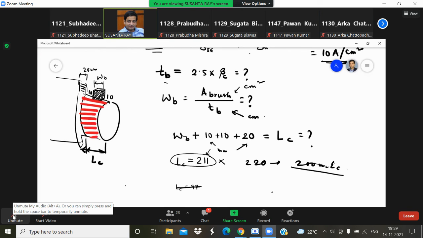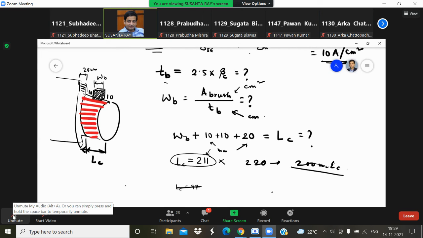From that you have to find out the volume. The volume is multiplied by the density of the iron. Then you will get the weight. Once you have the weight, the iron loss per unit weight is mentioned for that particular steel. So that value you have to multiply. These values are available in the book.